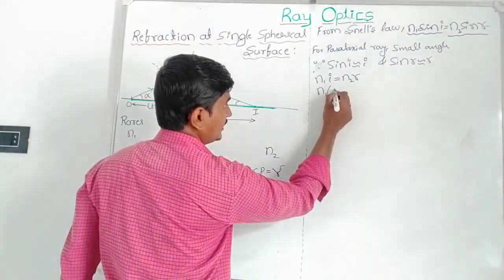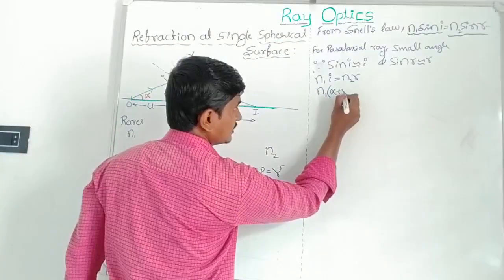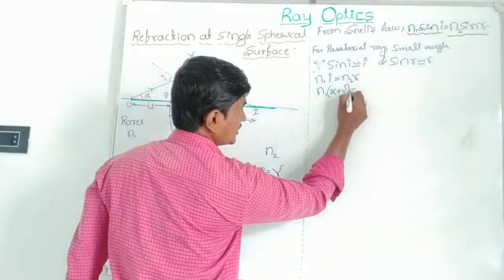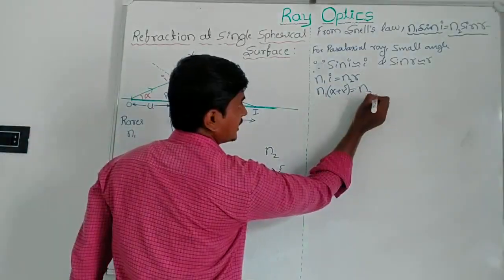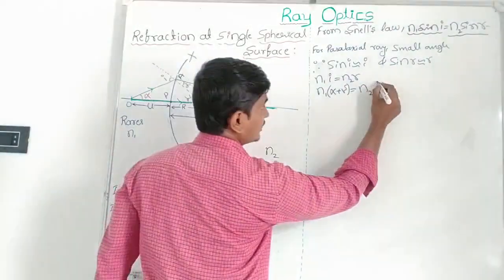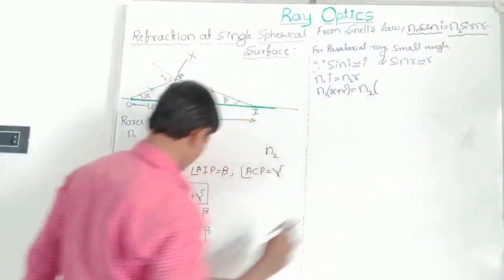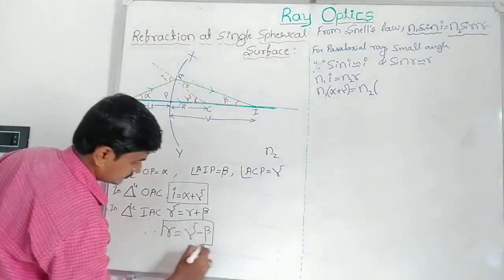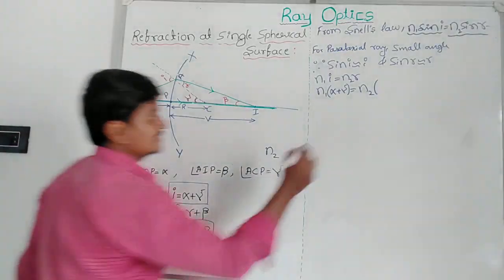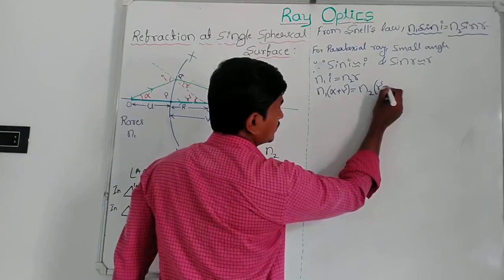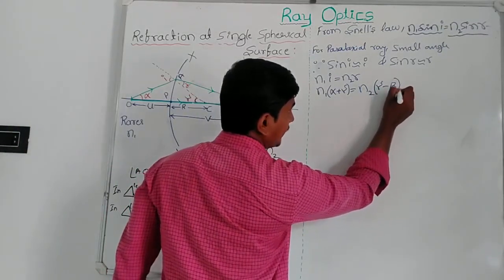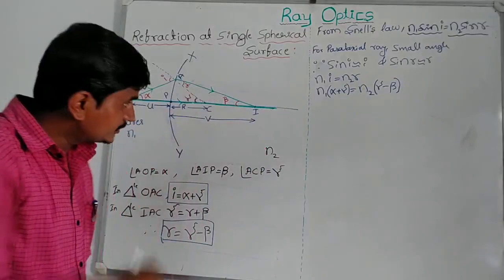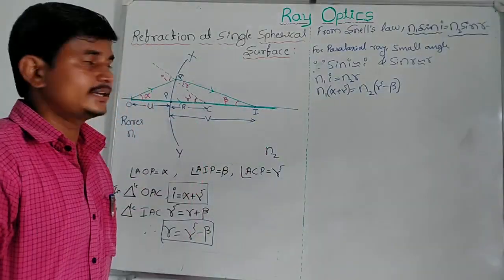So n1 times (alpha plus gamma) is equal to n2 keep as it is, and instead of R, you can write gamma minus beta.